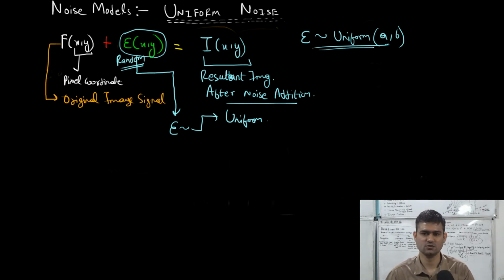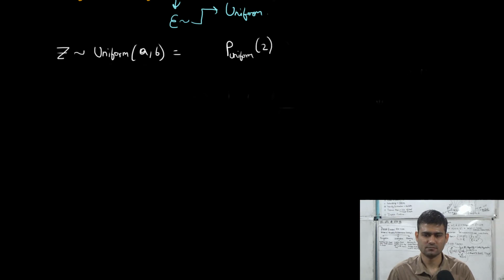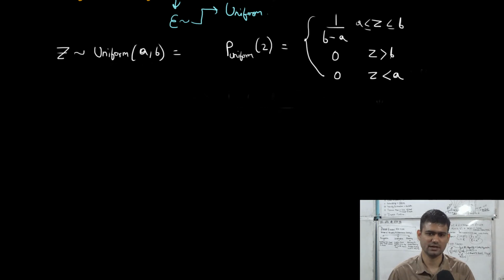So first we'll just give you a brief idea as to what uniform distributions are. Assume that we have a random variable z which follows a uniform distribution between A and B. It means that the probability density function of z, P uniform of z, will be 1 over B minus A for z between A and B. It would be 0 for z greater than B and 0 for z less than A. So to plot this distribution, it would look something like this.